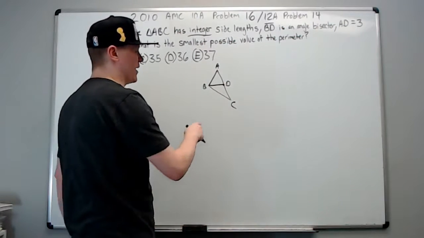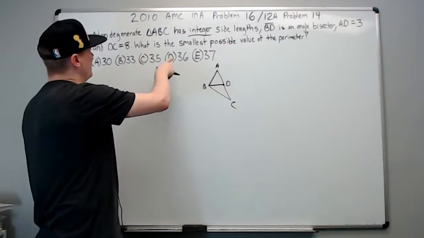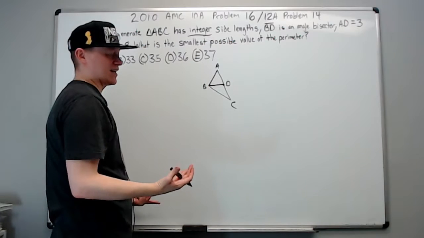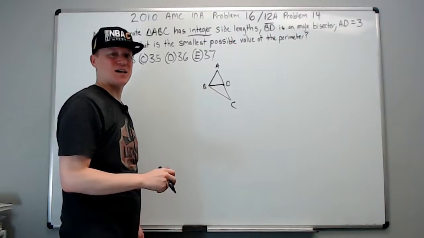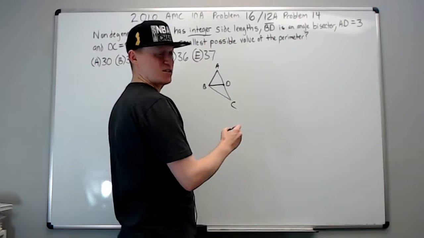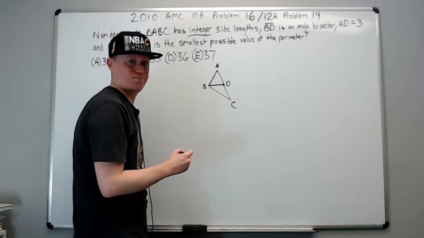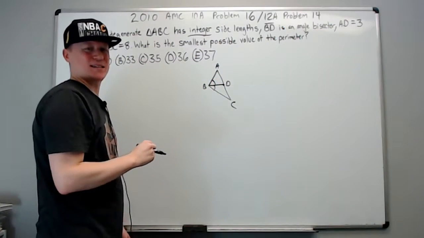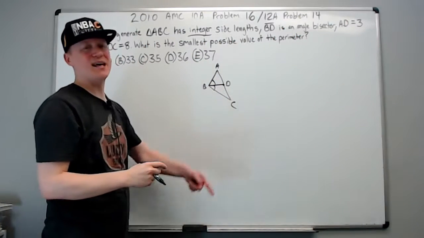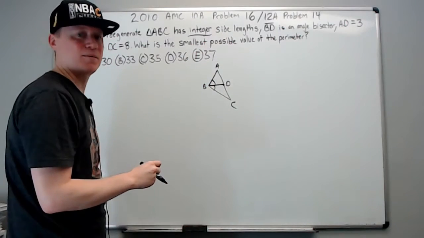I don't know. So I just went and said, well, if they're calling it an angle bisector, then most likely they want us to use one of the angle bisector concepts, the biggest of which is called the angle bisector theorem, right? And we'll get to that in a moment. You can't apply the angle bisector theorem unless D is on AC. You won't be able to apply it to this problem at least.